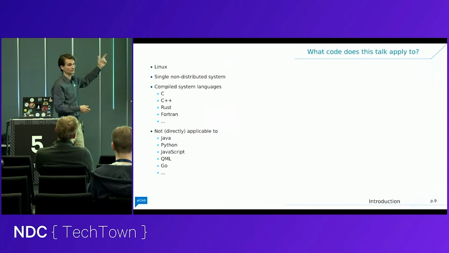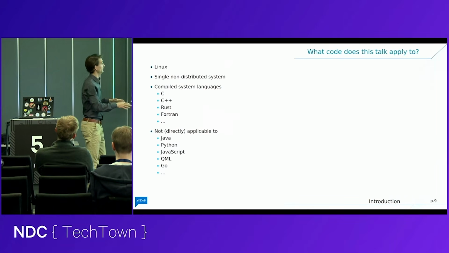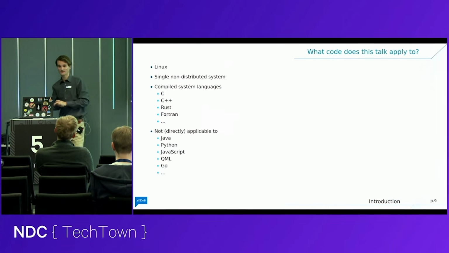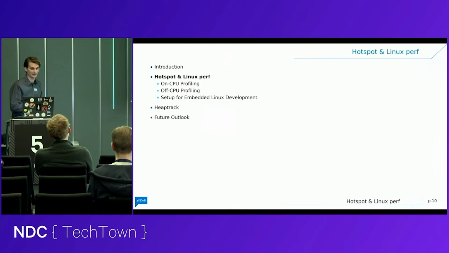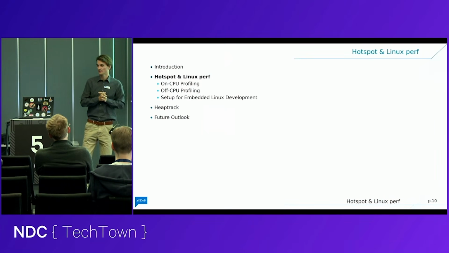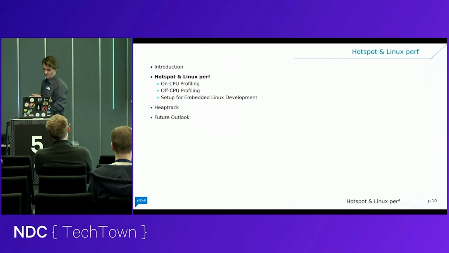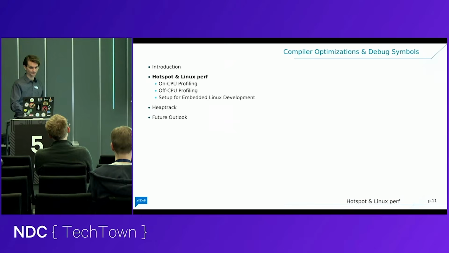But I won't go into that realm. But if you're in the above camp, this is the right talk for you. All right. Now, let's start and talk about the first tool, Hotspot and Linux perf.